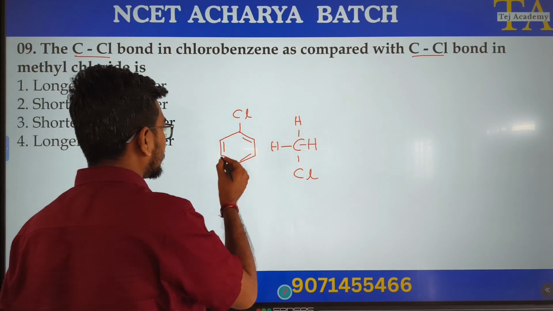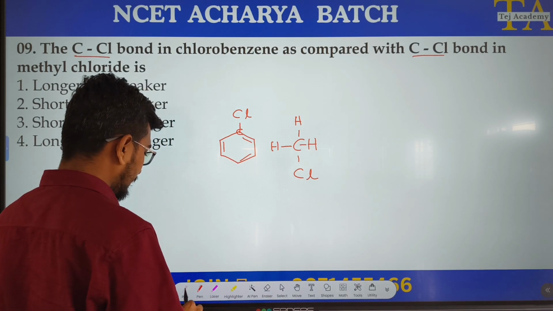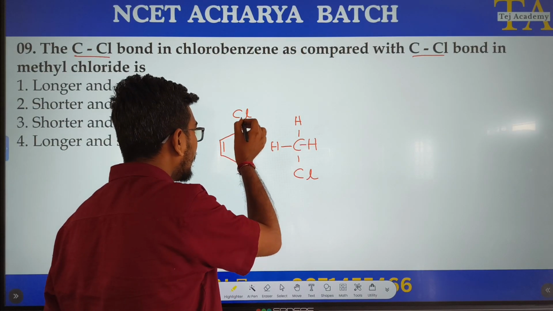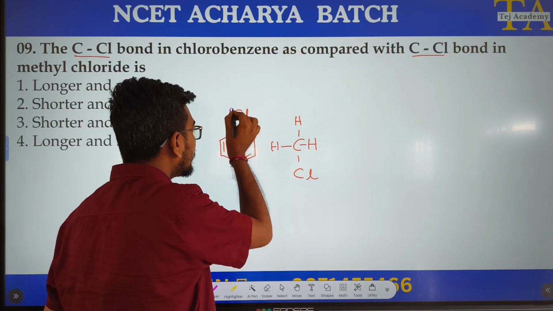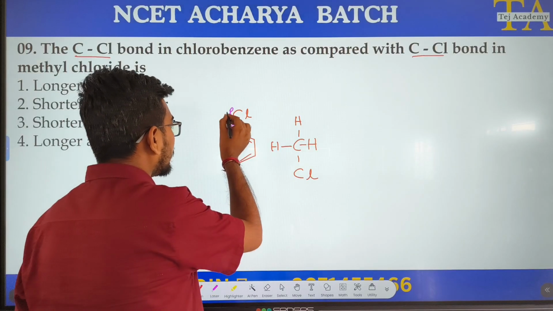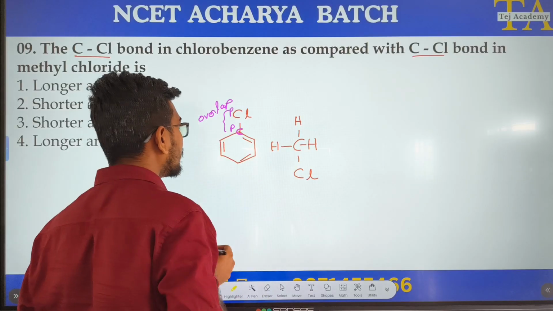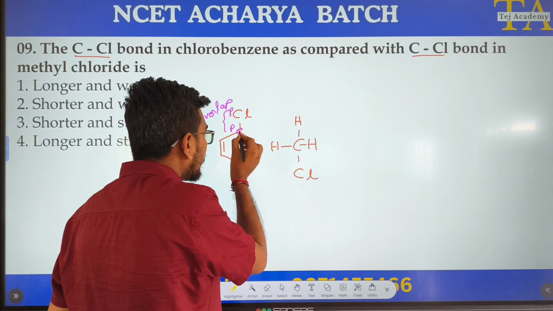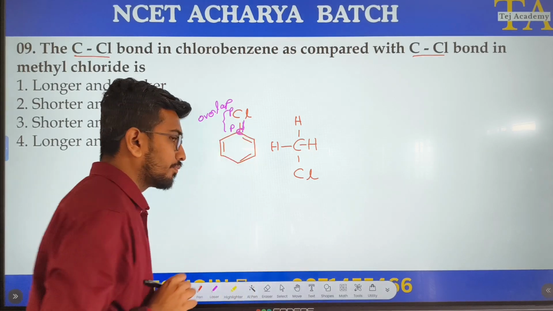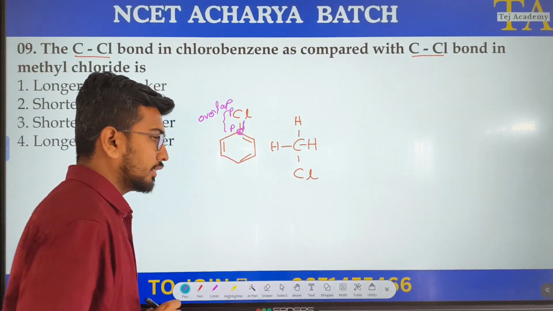Now, the carbon which is present here, this carbon and the chlorine atom, between these two, p orbital overlap will happen. Because of this overlapping, between carbon and chlorine there is a partial double bond characteristic.